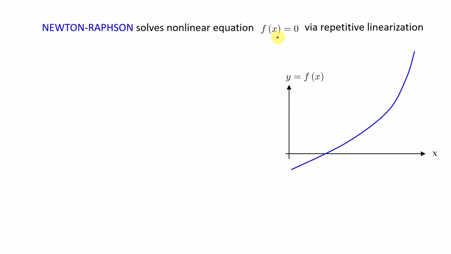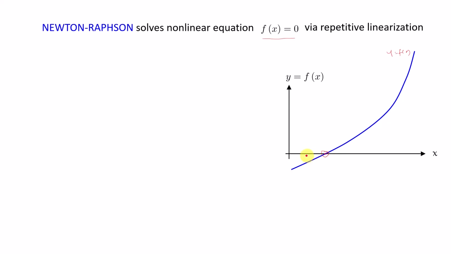In the Newton-Raphson method, we are again taking this function f(x) equals 0. Here I have the x-axis and y-axis, which show us f(x). This blue line indicates the function y equals f(x), and here we have the root which we intend to find.